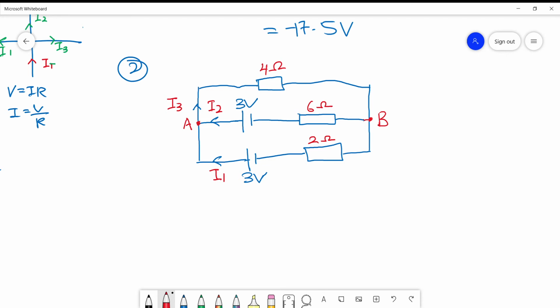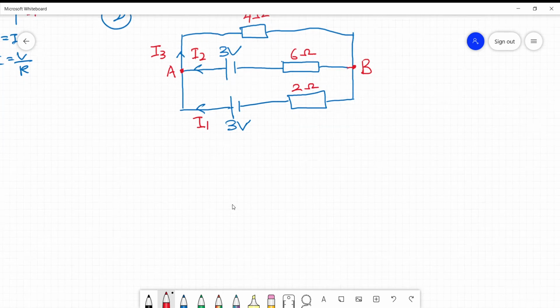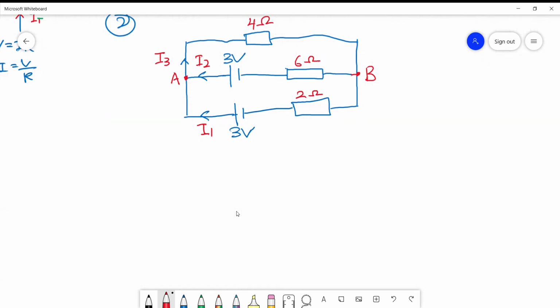That is our circuit. For the first question, we are asked to find I1, I2, and I3.